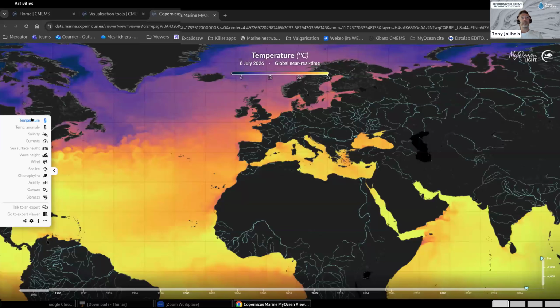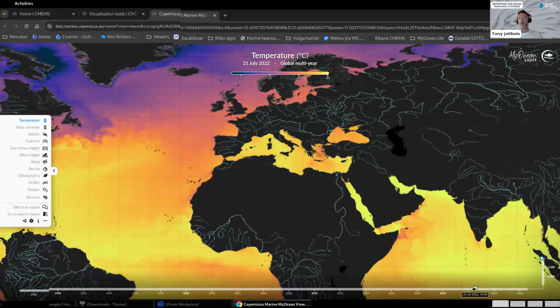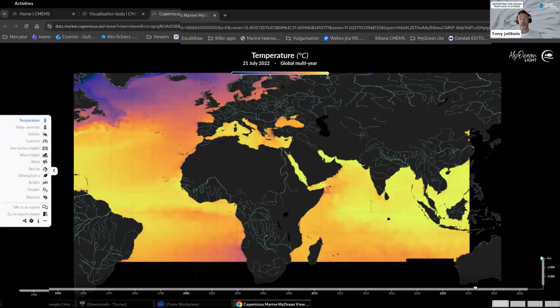So selecting the variable here, you have the timeline, allowing you to look at different time steps for the data. So here, July 2022. Usually the data in Copernicus Marine goes from 1993 to forecast, a 10-day forecast.